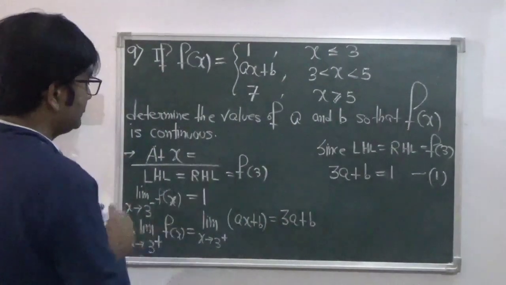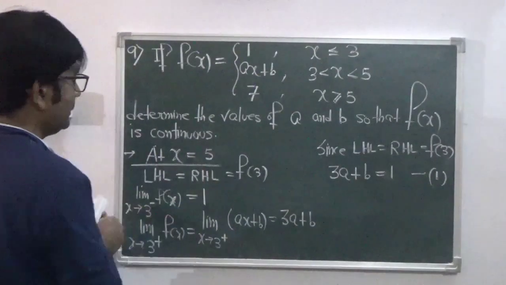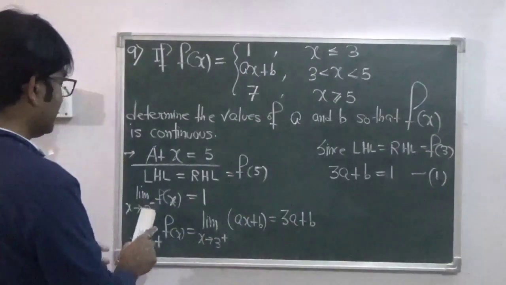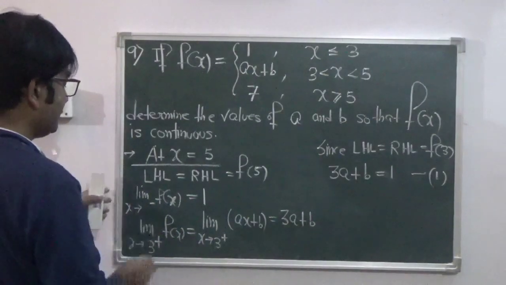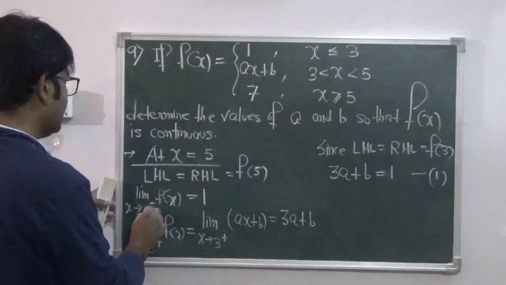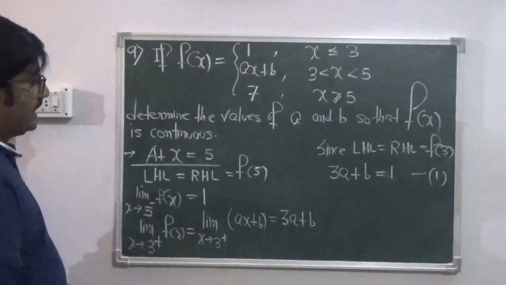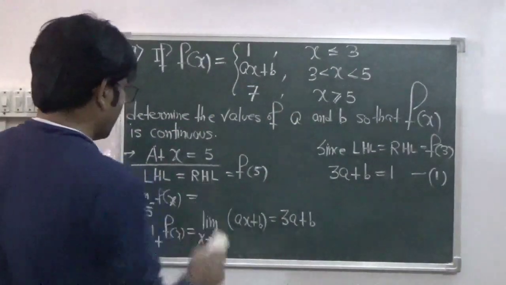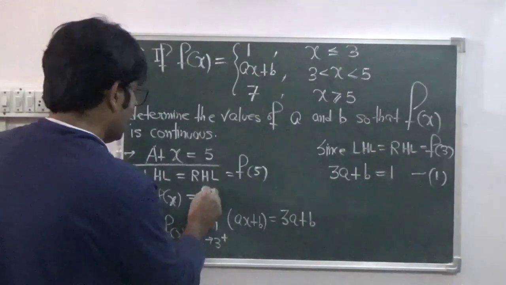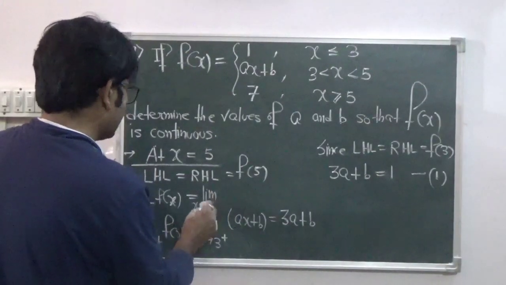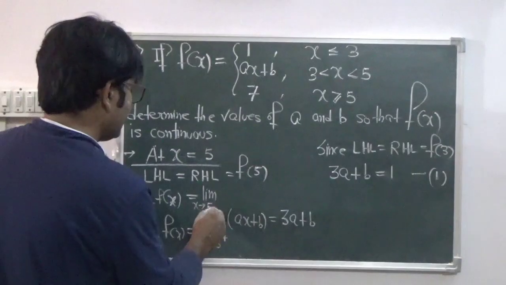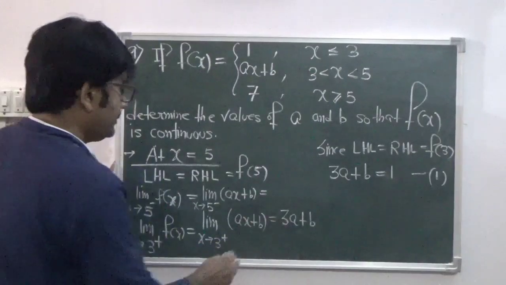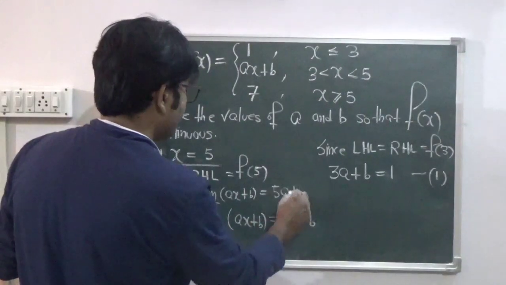So here we do it at x equals 5. The left hand limit, that is x tends to 5 negative, less than 5, we have this function ax plus b. So we will write the limit as x tends to 5 negative of ax plus b, so that will be 5a plus b.